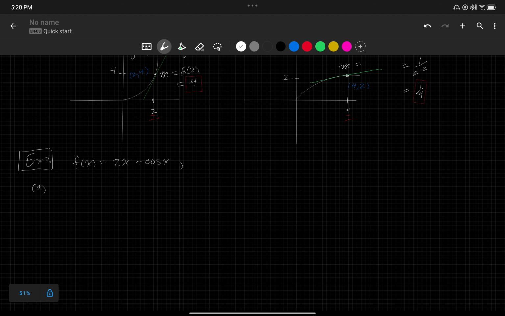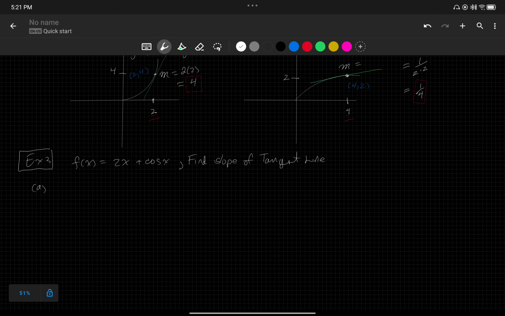So for both of these, we're going to do the same thing. Find slope of the tangent line. Basically means it's invoking the derivative, so we're going to have to take the derivative. That's exactly what it's saying.